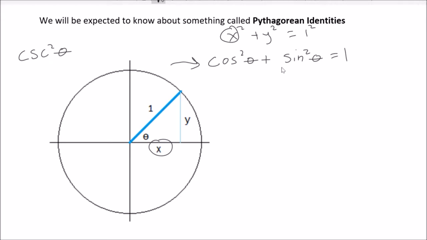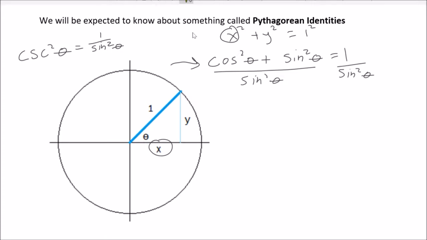This uses cosine and sine. Well, what we could remember is that cosecant is the same as 1 over sine, and we say, hey, since this is something that is true, I could multiply or divide by the same thing on both sides. I could divide this side by sine squared theta. Now, if I did that, I would need to do it on both sides.